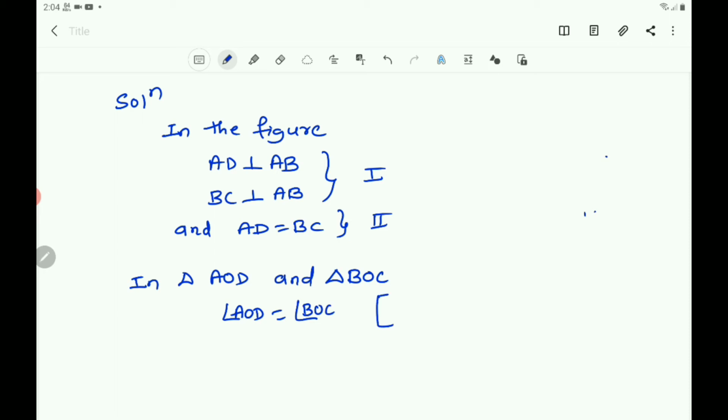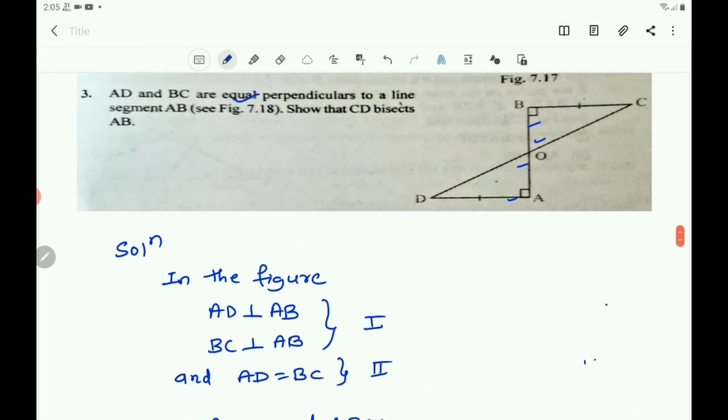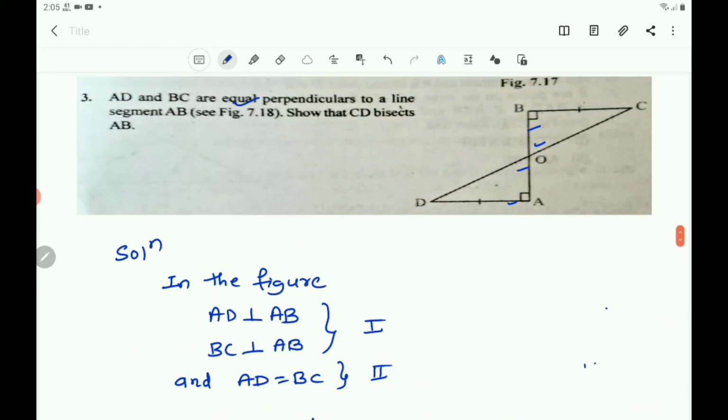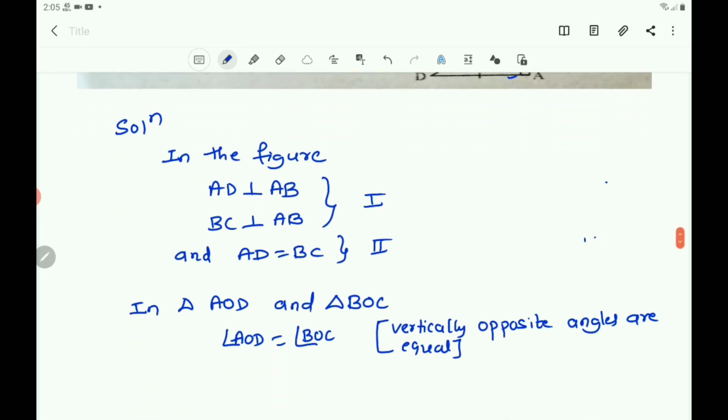Write the reason. What is the reason? Vertically opposite angles are equal. And next, angle A is equal to angle B. They are the right angles.